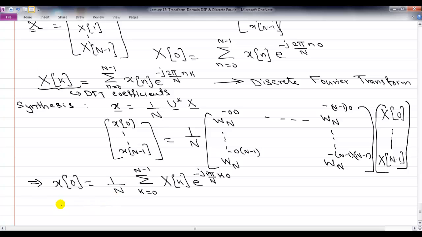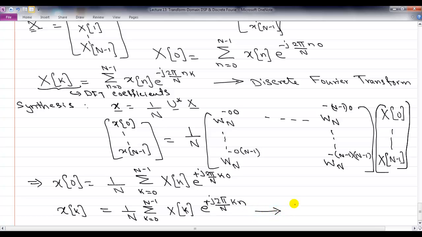Or in general, my x[n] for n between 0 and N minus 1 is simply given by 1 over N summation k equal to 0 to N minus 1 of X[k], which are the Fourier coefficients, e to the minus j, sorry, this should be e to the plus j 2 pi over N times kn, which is what you might have read as the inverse DFT formula.